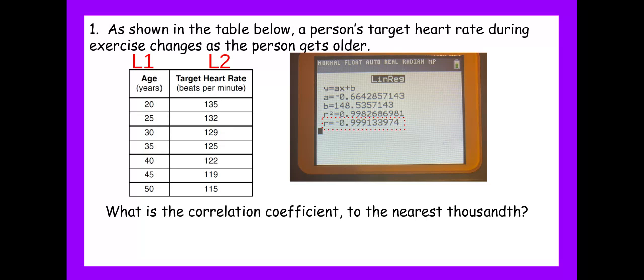So please go back and make sure you have those numbers there and pause the video. Okay, so now we're going to write that answer down to the nearest thousandths, which is the 3rd decimal spot, which is negative 0.99. So that would be your correlation coefficient to the nearest thousandth.